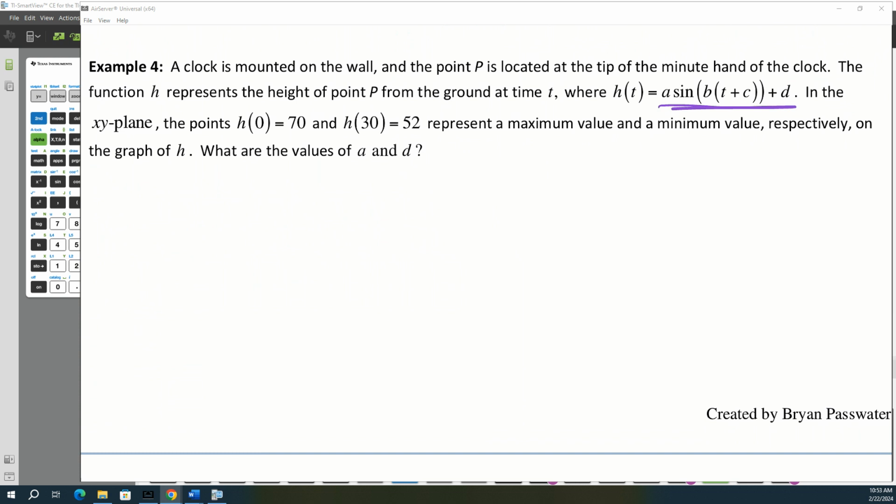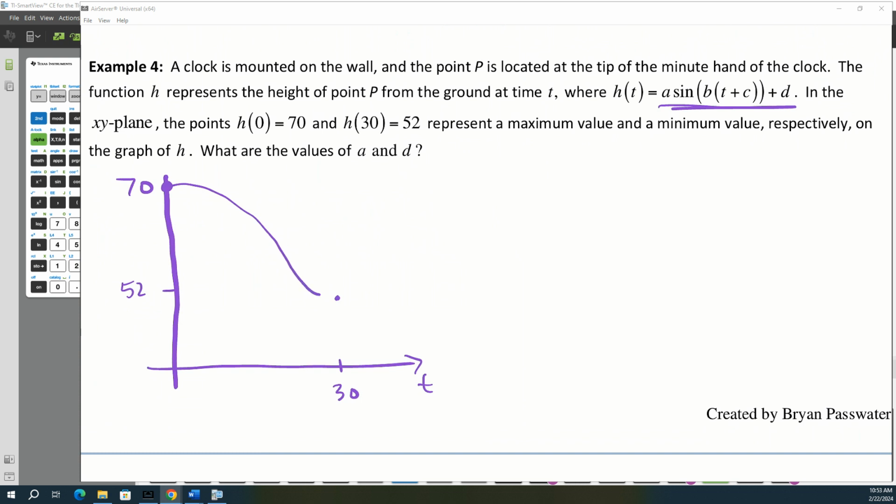Like I've told you a million times, I need to see this. And so what I know is when the t value is 0, we're up at 70 at a maximum. And when the t value is 30, we're at 52 for a minimum.